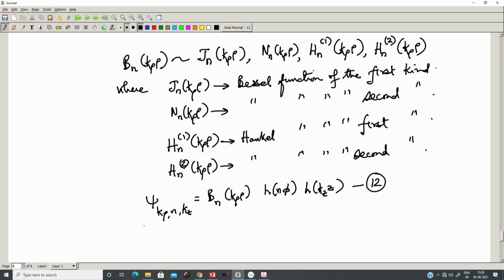So, these form the solutions to the Helmholtz equation in the cylindrical coordinate system.